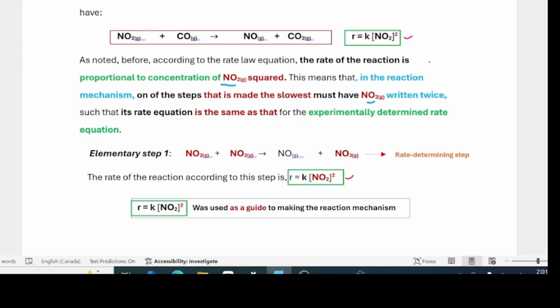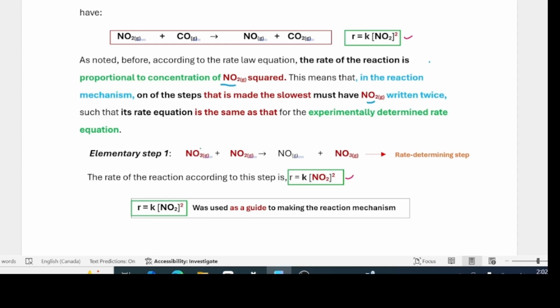Let's unpack that a little bit. This is the experimentally determined rate law for the net reaction. This rate equation can also be derived by using the species present in the rate determining step. So if you want to create a reaction mechanism, one of the steps that you call the rate determining step must have this written twice.